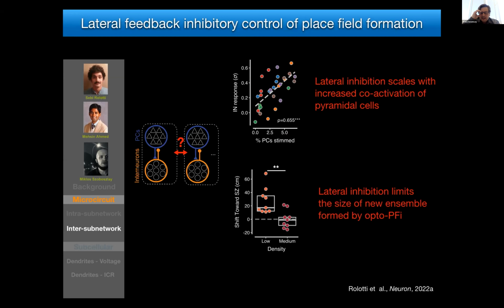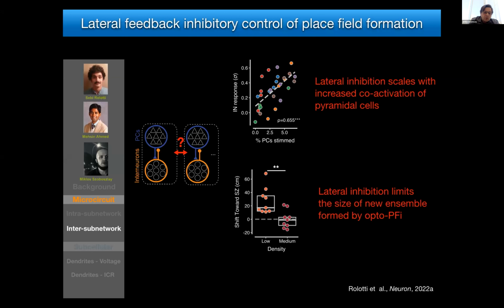And second, we found that when we try to induce place fields at the ensemble level, not at the single cell level, but in these sparsely labeled pyramidal cells, the efficacy of the induction depended on the density of the coactivated pyramidal cells, in a way that ensemble opto-PFI fails at medium densities, about 5 to 10% of labeled pyramidal cells, as indicated and quantified here as a lack of shift of the place fields towards the stimulation zone.